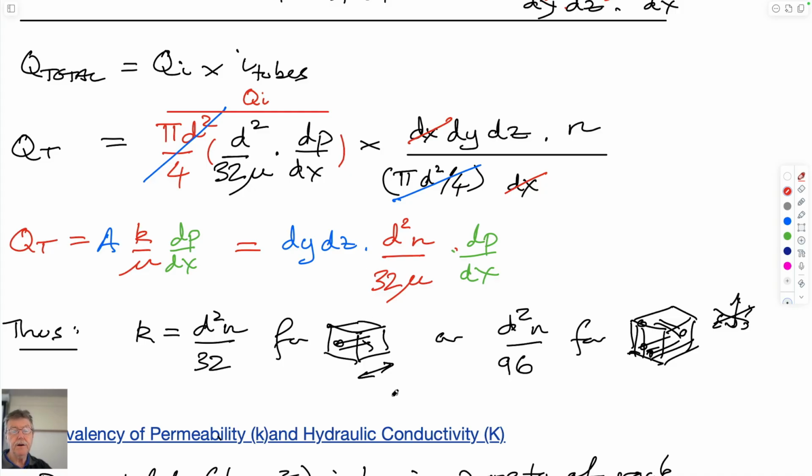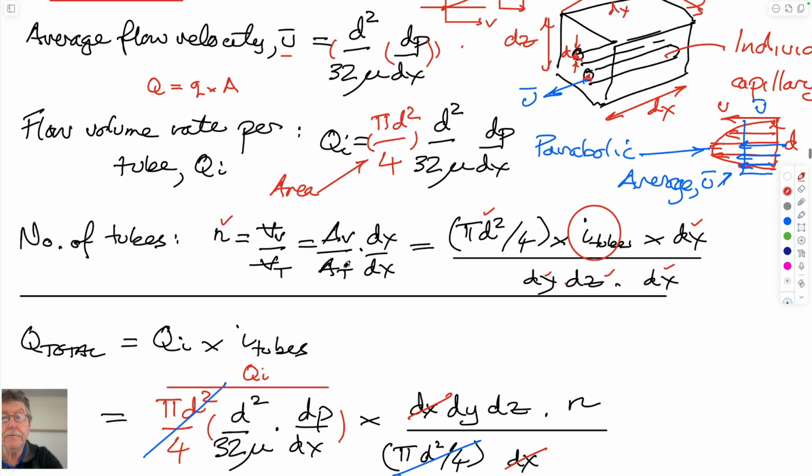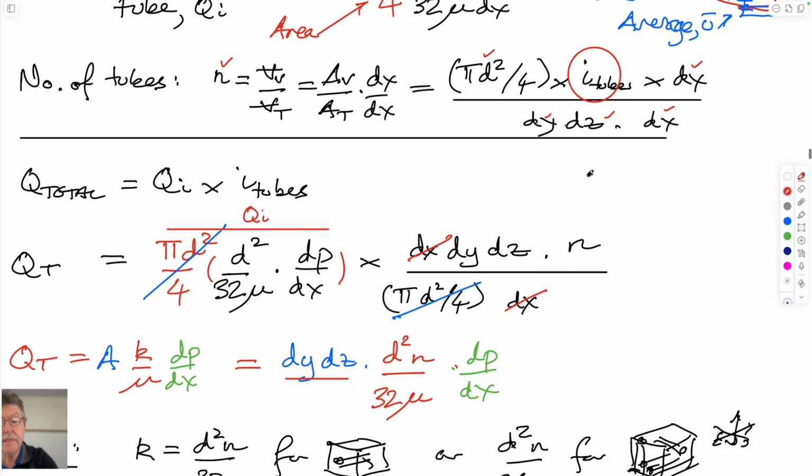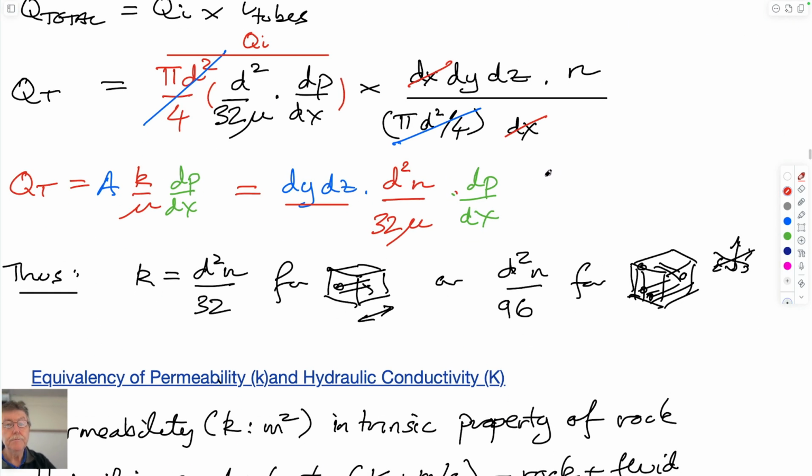And so if we want to divide that between the different components, the area is given by the cross-sectional area at the front, dz by dy. The permeability divided by the viscosity are the terms that remain here. And if we take the pressure gradient out, we're left with that.